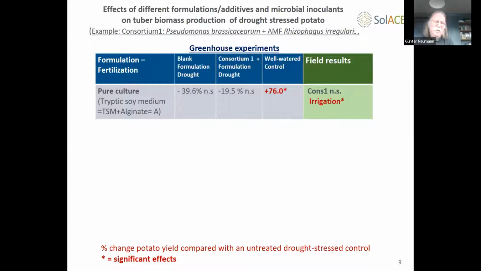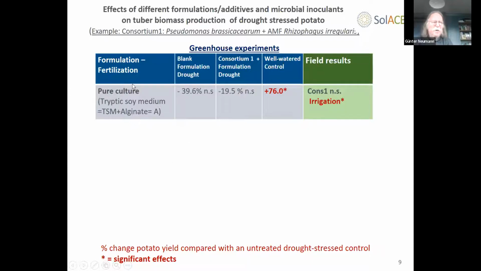Here we see the effects on tuber yield in greenhouse experiments compared with field results under drought conditions. And here we see the percent change of yield always in comparison with a drought-affected control without any inoculation.